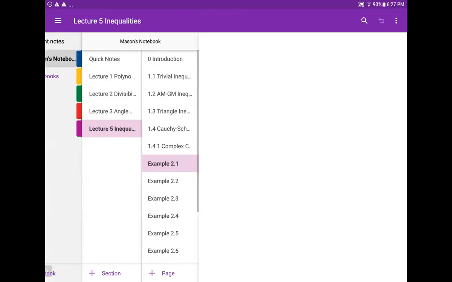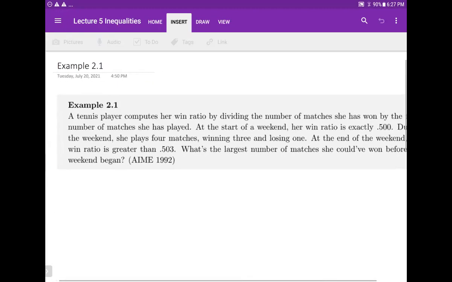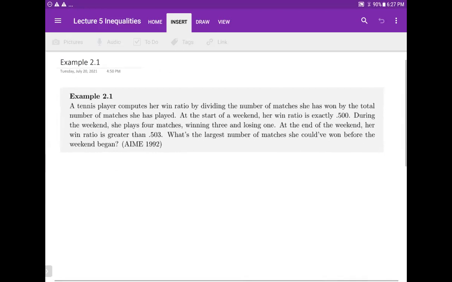All right, so I did a lot of talking about these four inequalities, but we should work through some examples to see how this is applied in real problems, right? This first one actually does not require any of the inequalities I just taught.